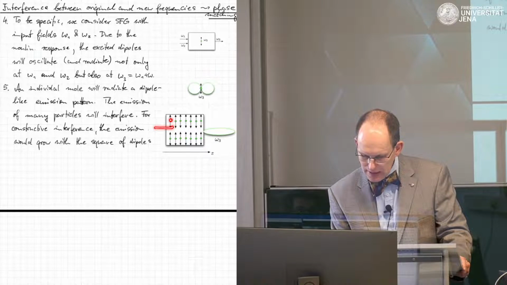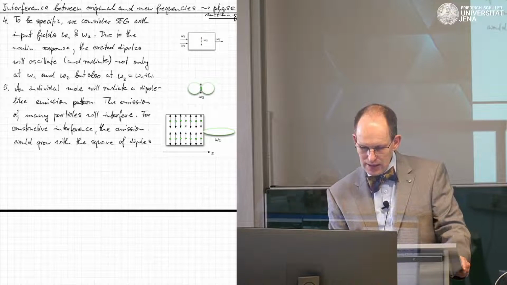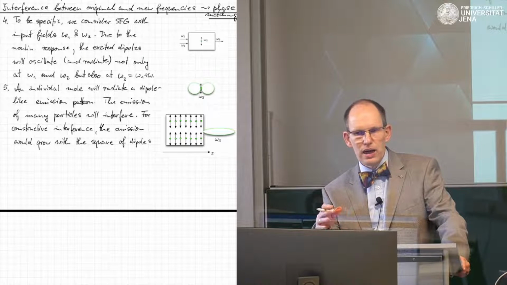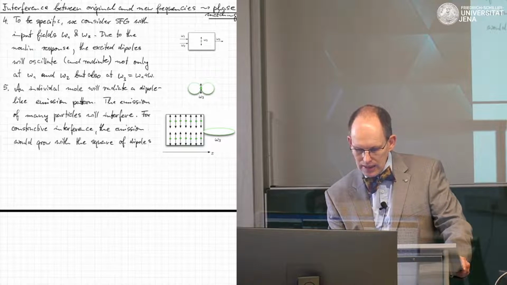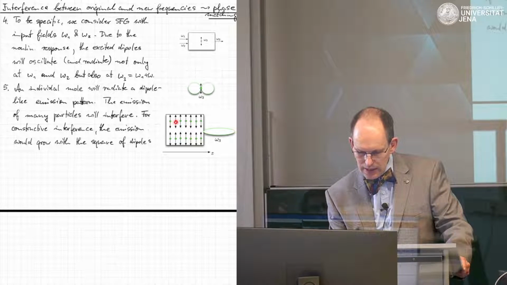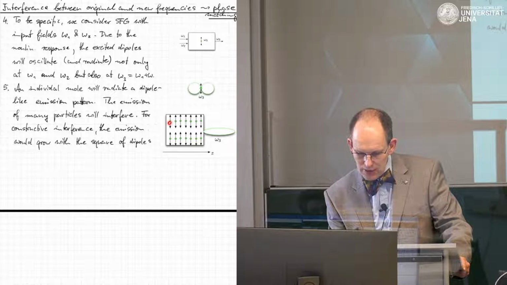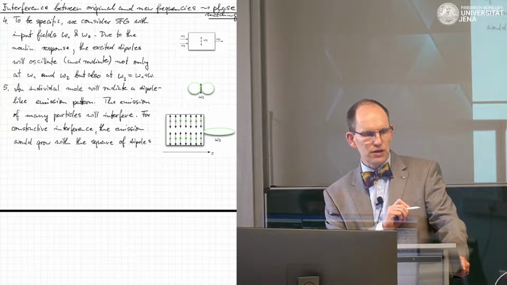It would first excite this, then excite this, then excite the next one. So they all have a phase difference for their emission. And so this one is excited later than this one here. This was excited earlier, but if conditions are right, it will catch up just because of this difference, right?